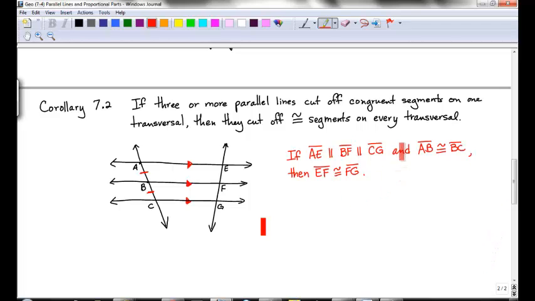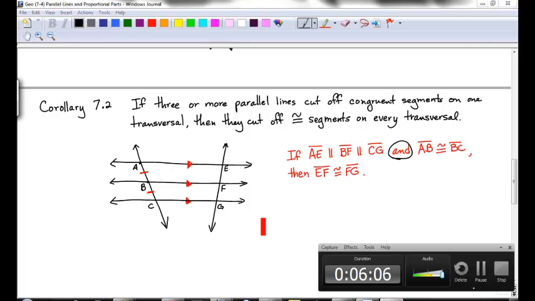This is a big and statement. If I was you, I'd highlight it, underline it, or circle it. Remember, for an and statement to be true, both parts must be true. So if those three lines are parallel and these two segments are congruent, then EF is congruent to FG. Then you can go ahead and mark this one congruent to this one. Okay, that should do it for notes on that part.